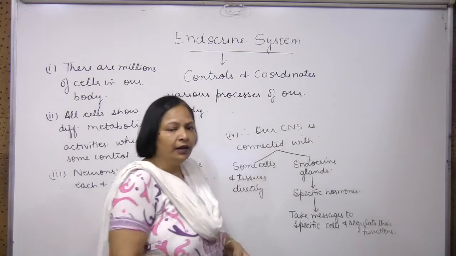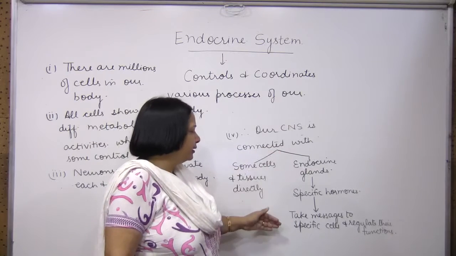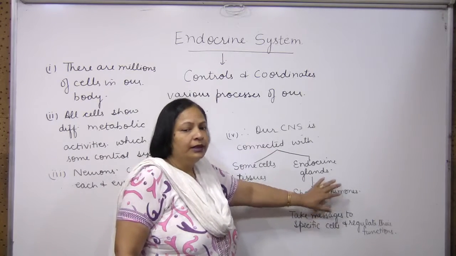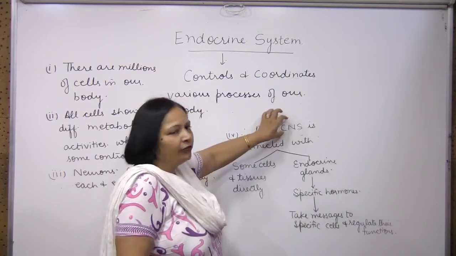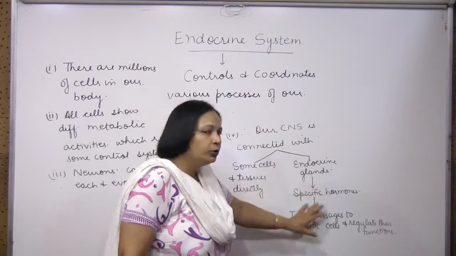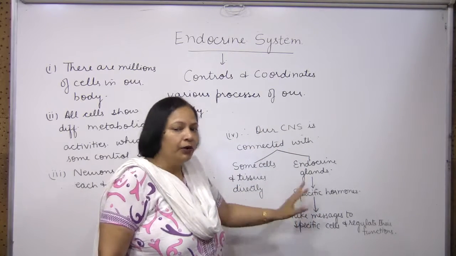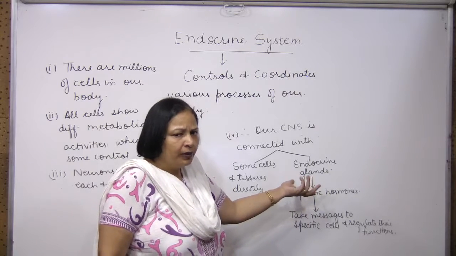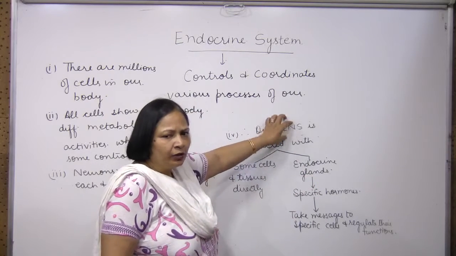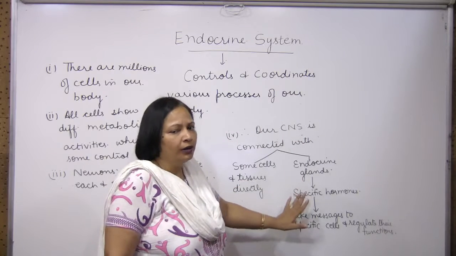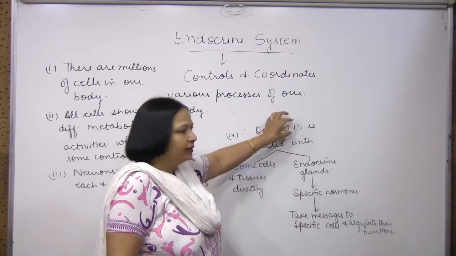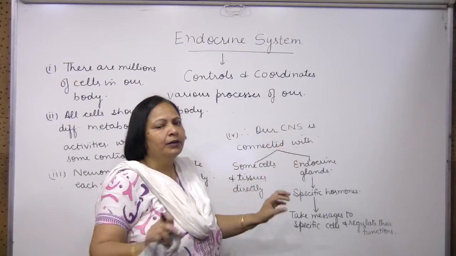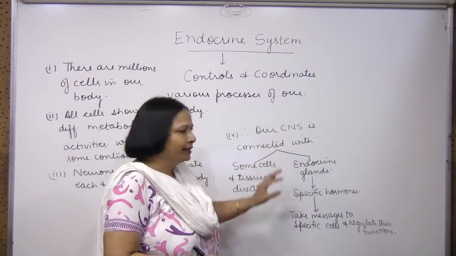So in a way, hormones take the messages of the central nervous system to the specific cells, because they act as couriers, isn't it? They act as couriers because CNS cannot directly reach all the cells. Therefore, it is connected with some main glands, the endocrine glands.